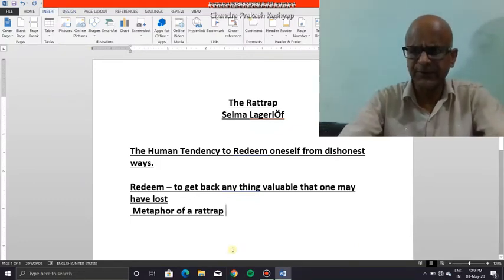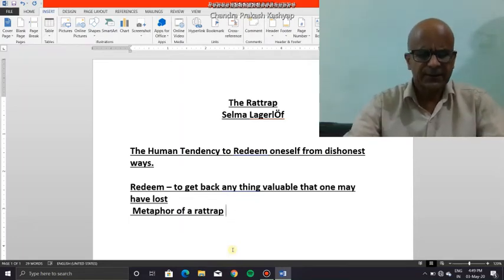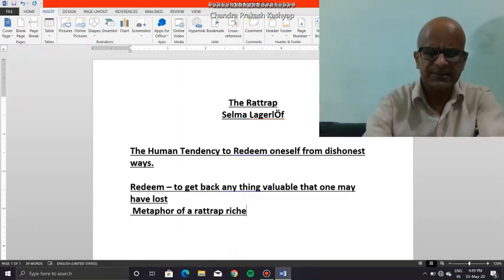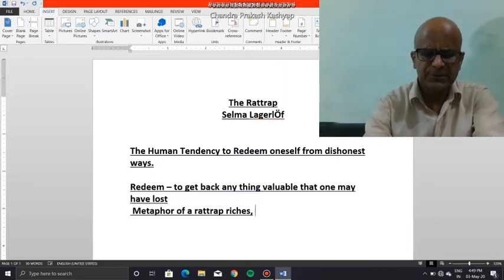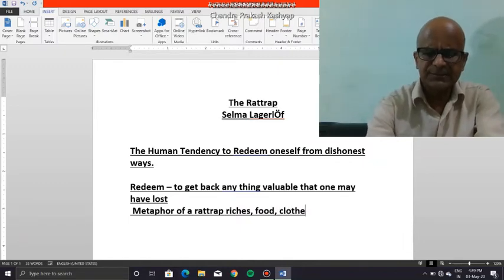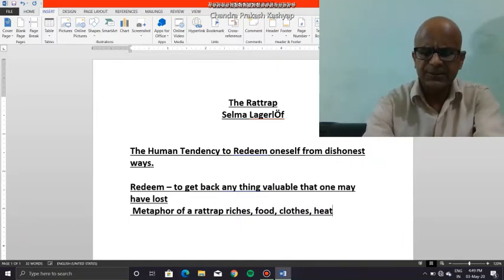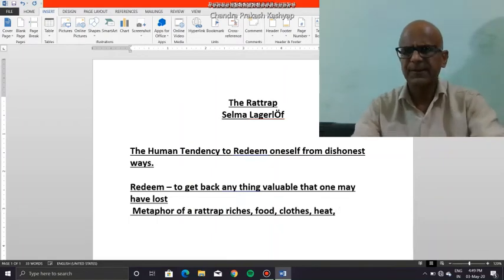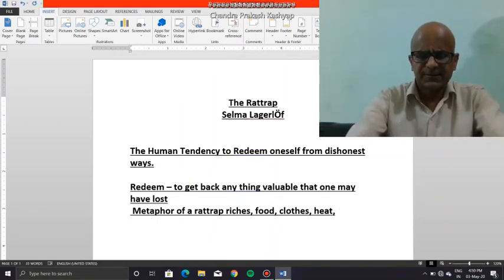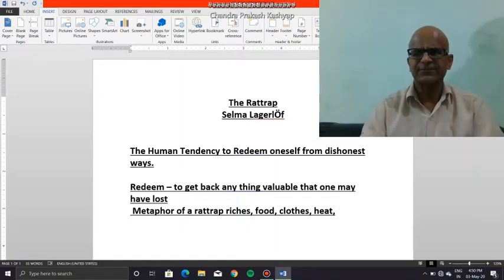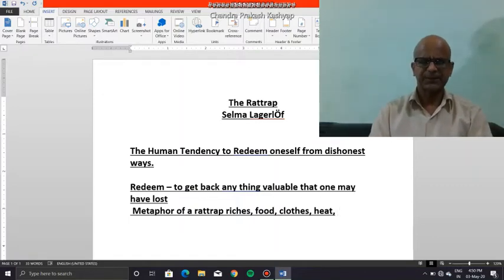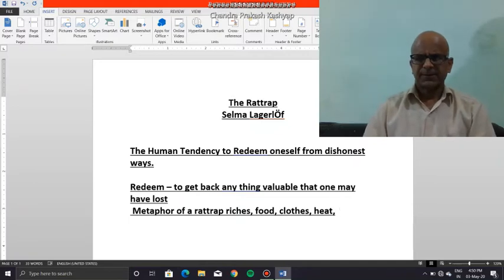Selma Lagerlöf maintains that this world, with its riches, with food, clothes, heat, anything that entices anyone who doesn't have all these things, is a very big rat trap.